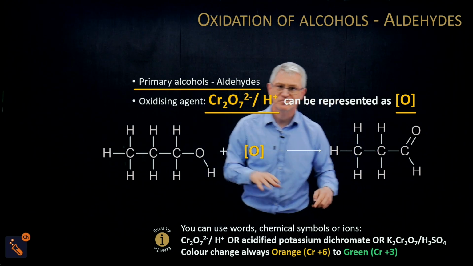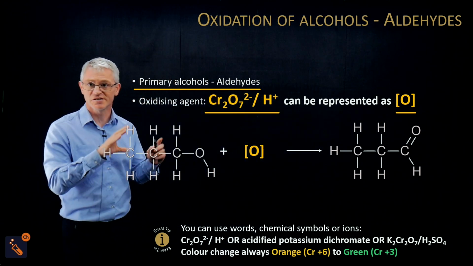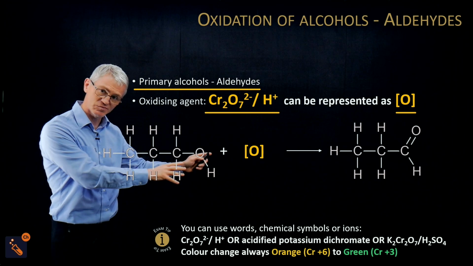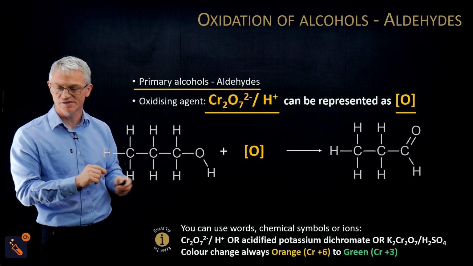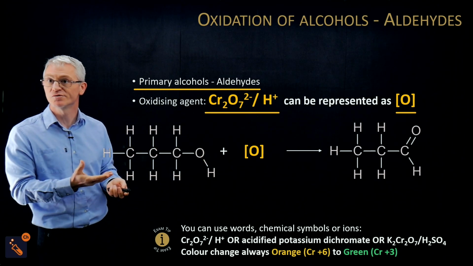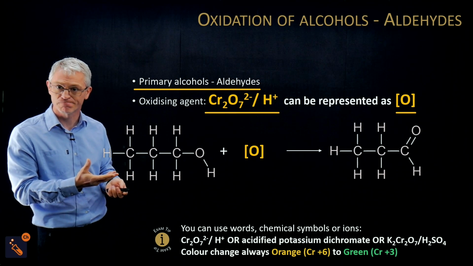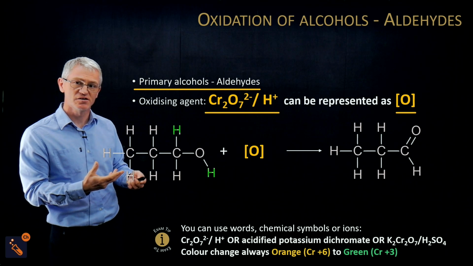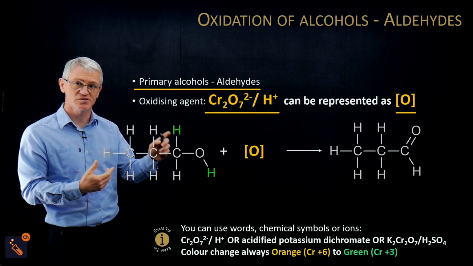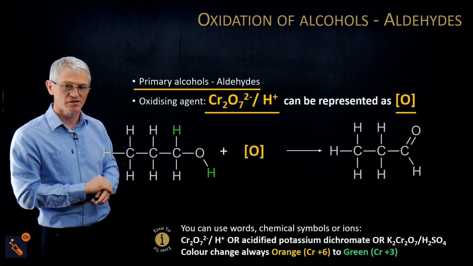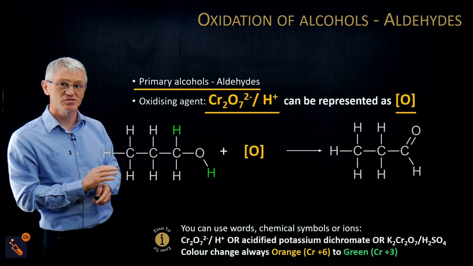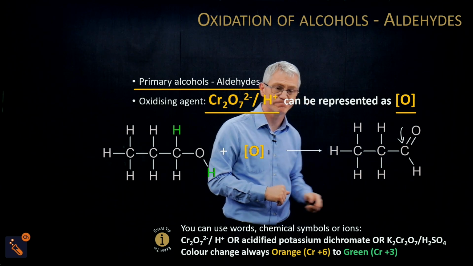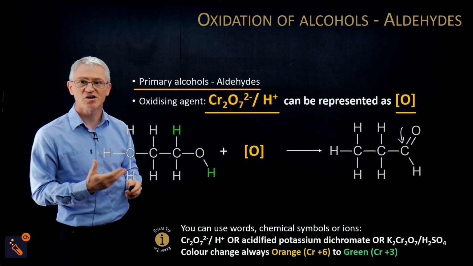Now I want you to look at this molecule and count the hydrogens, and then look at the next molecule and count the hydrogens. What you'll notice, and I'm giving a dramatic pause here to allow you to do so, is that there are 2 extra hydrogens on this side, which I've put in green. Those 2 extra hydrogens were here, so that means those hydrogens have left.